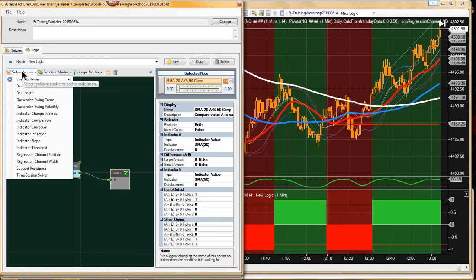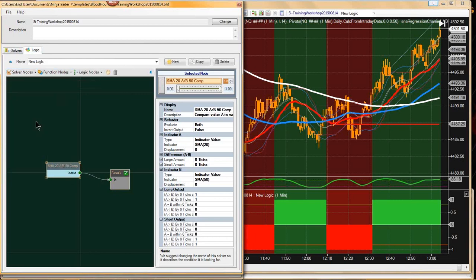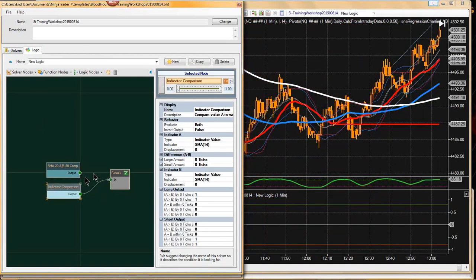All right, so let's grab another comparison node and do the other one. This time we're comparing the 50 and seeing if the 50 is above or below the, what was it again, 200, yep.